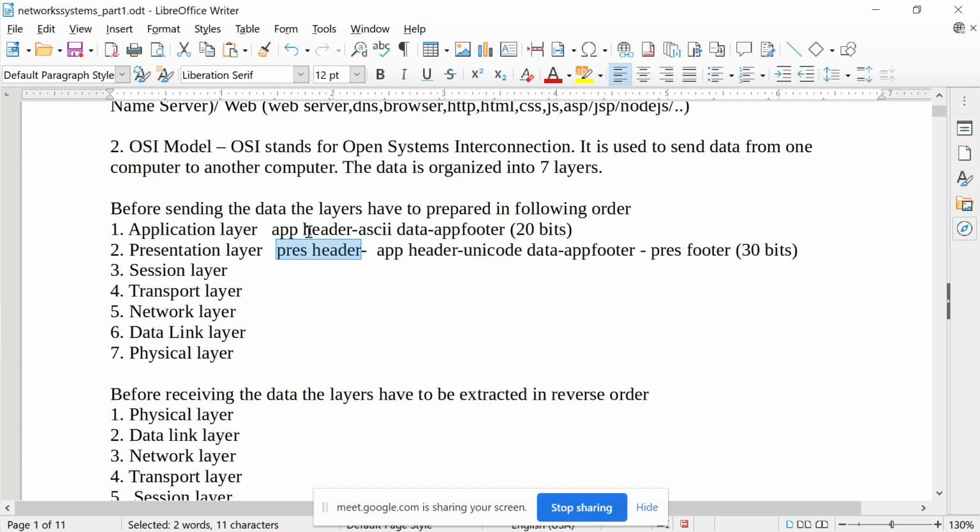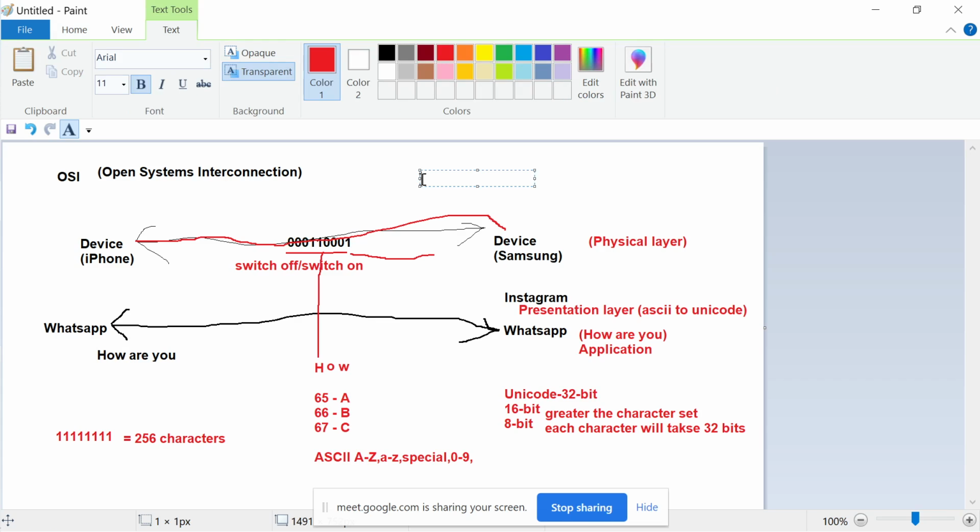Now the header and footer is important to know because these 30 bits, whatever you're sending, it is just a set of bits, right? In reality it will look like just a trail of bits, like 1011100. Now where does it start and where does it end? That is the question.